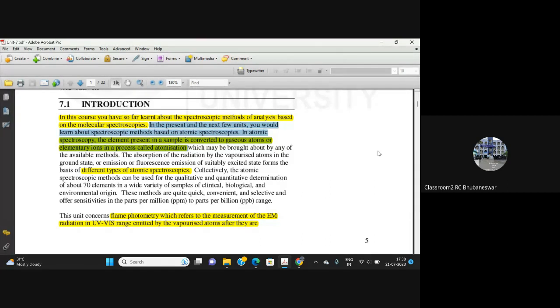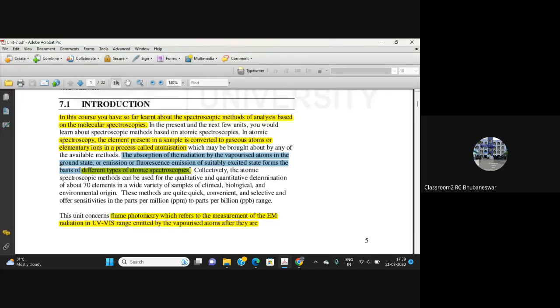First, you need to do atomization, which may be brought about by any of the available methods. Subsequently, we'll understand that. The absorption of radiation by the vaporized atoms in the ground state, or emission or fluorescence emission of suitably excited states, forms the basis of the different types of atomic spectroscopies.